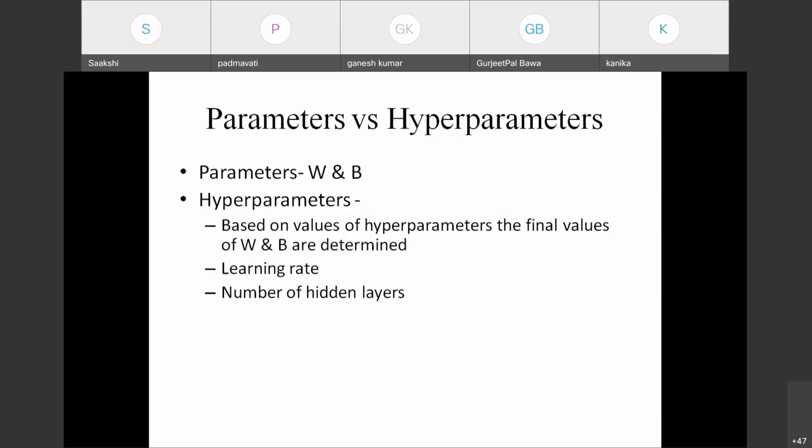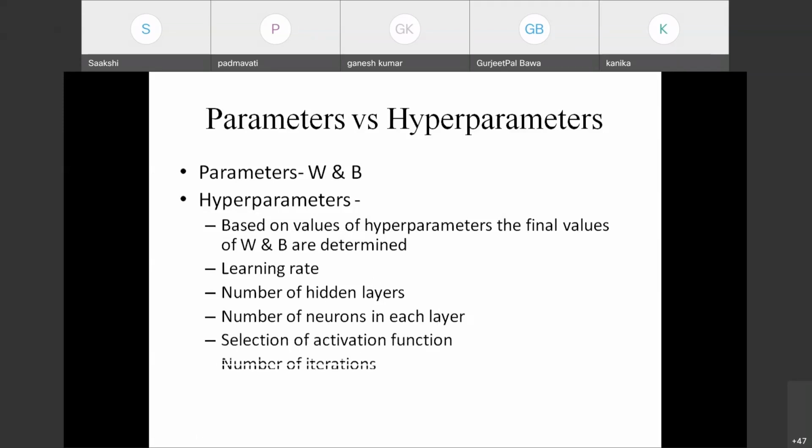If I change the number of hidden layers a little bit, how will it affect the output? Even the number of neurons in each layer. The next one can be selection of the activation function. The next one is the number of iterations, how many times I'm executing it.